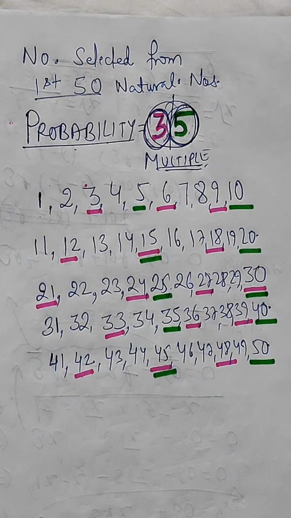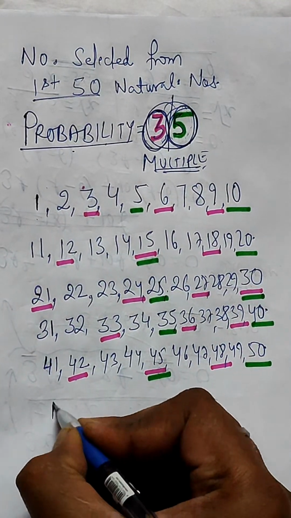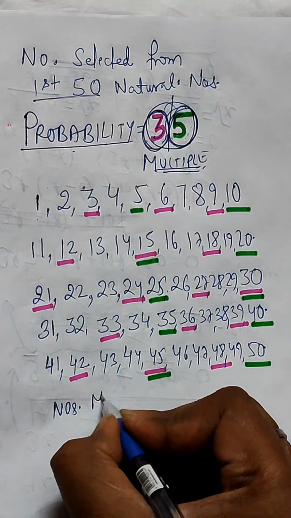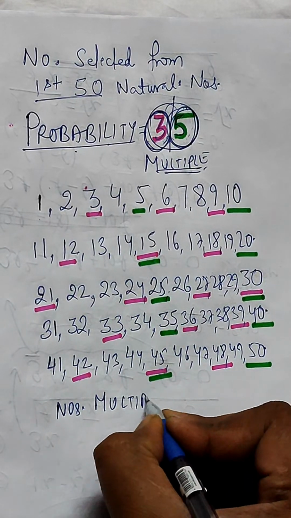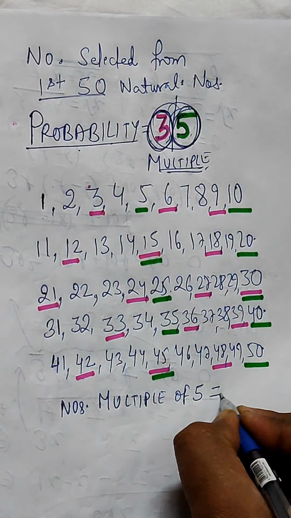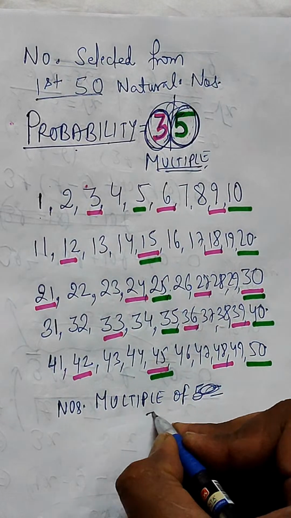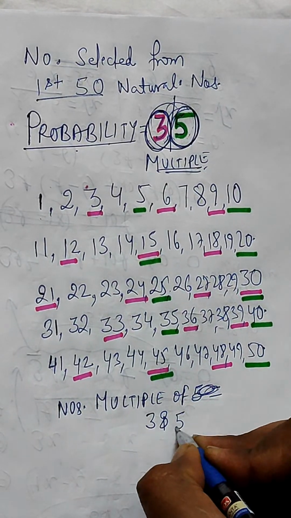Now count all the numbers which are multiples of 3 and 5.